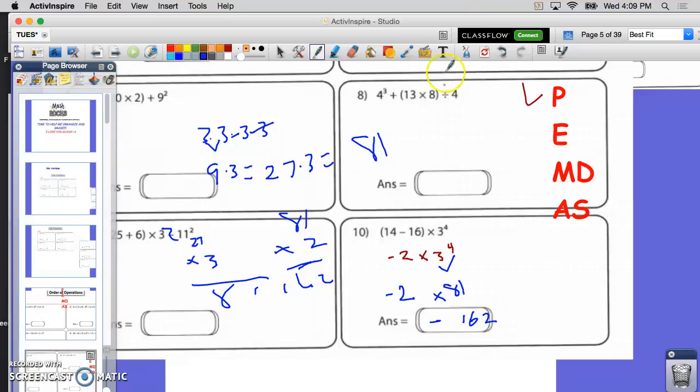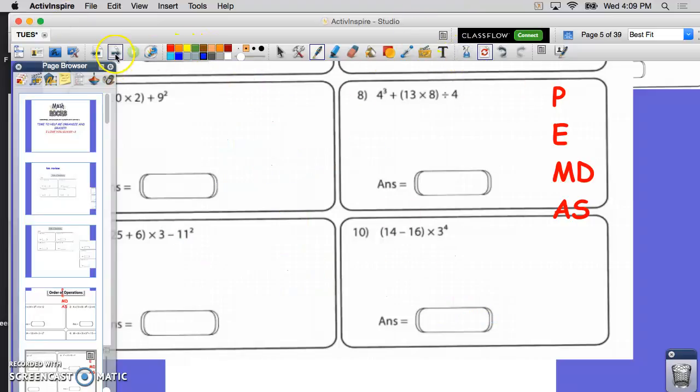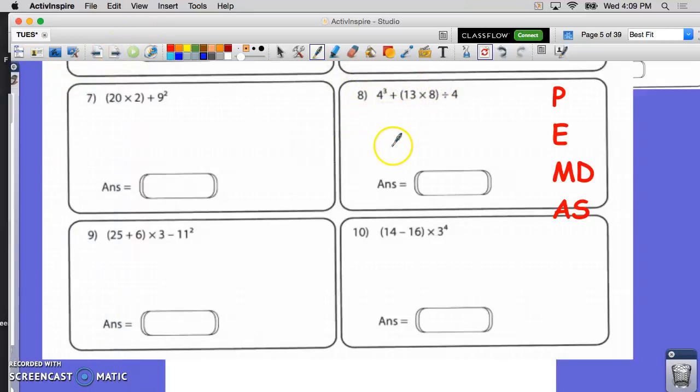So that's 3 for one side. And let me give you 3 for, heck, I might as well give you 4 on this side. Why not? It's kind of really easy too, huh? Okay, we'll just do it. Starting within a parentheses, 13 times 8 is 104.